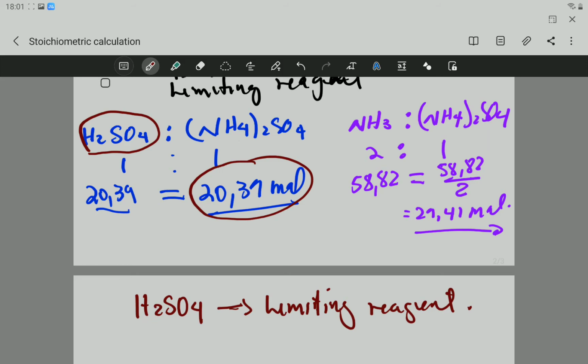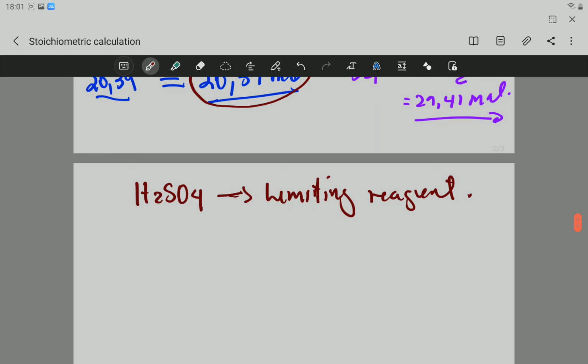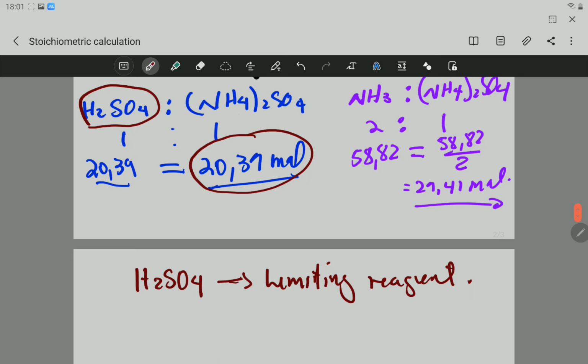All right. Now, step 3, which will be to calculate the theoretical yield. For the theoretical yield, we have to use the number of mole that we get in the product according to the limiting reagent.